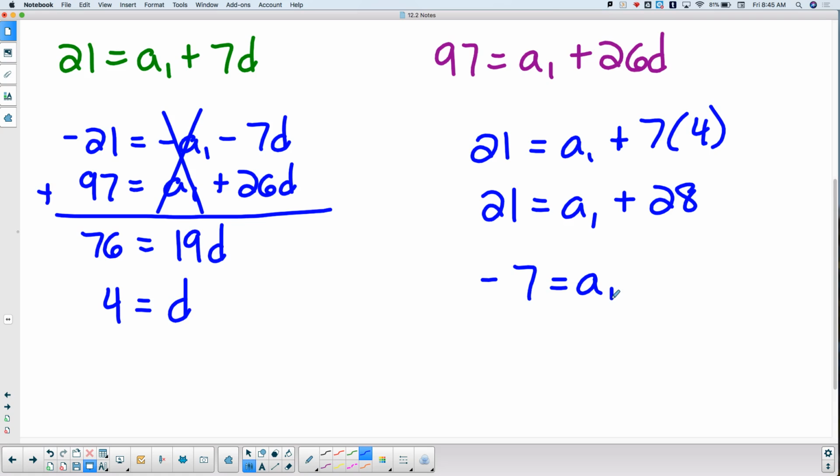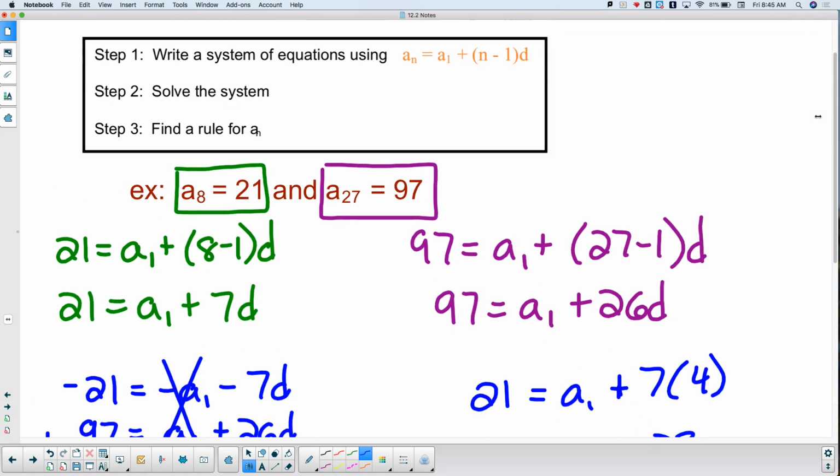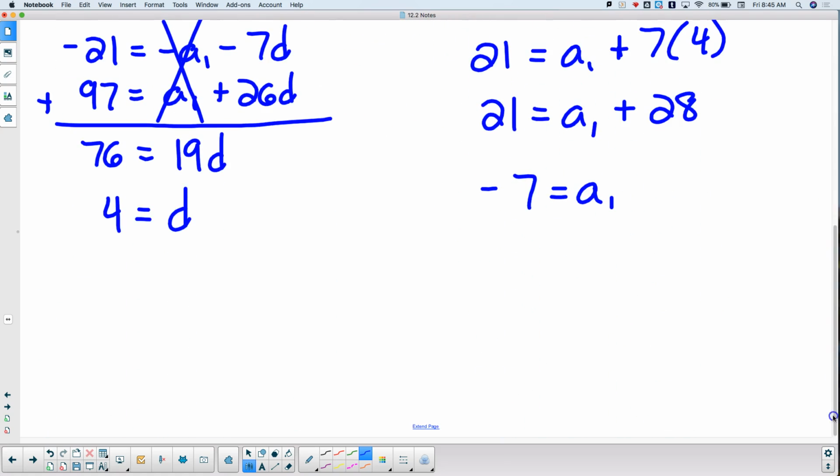Now you have enough information to write the rule for a sub n. Okay?